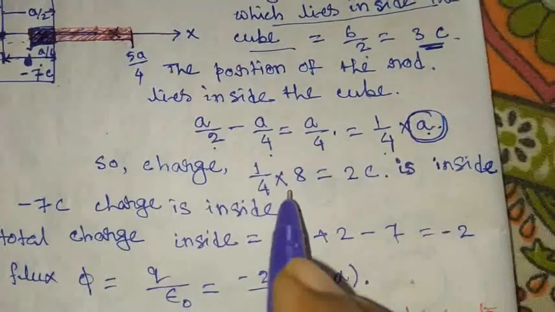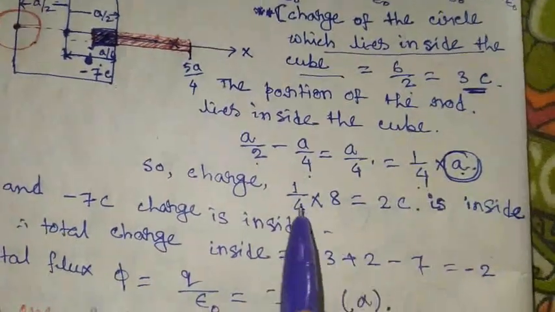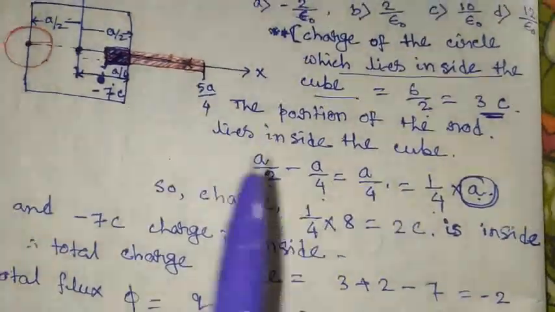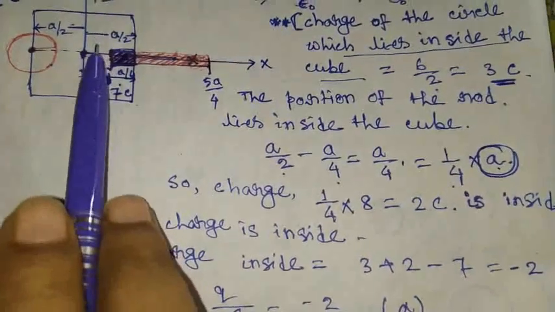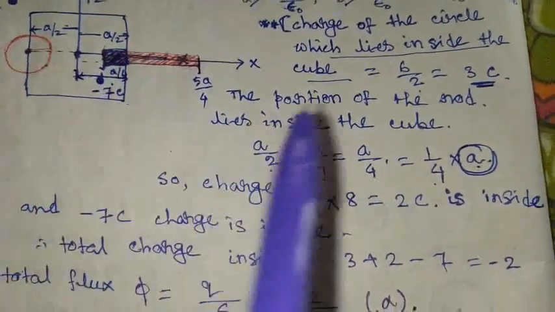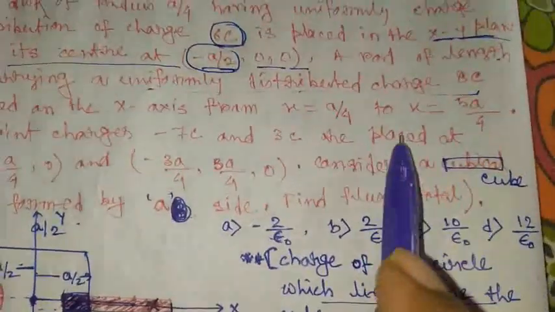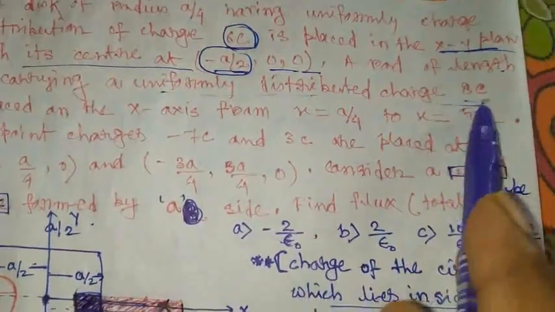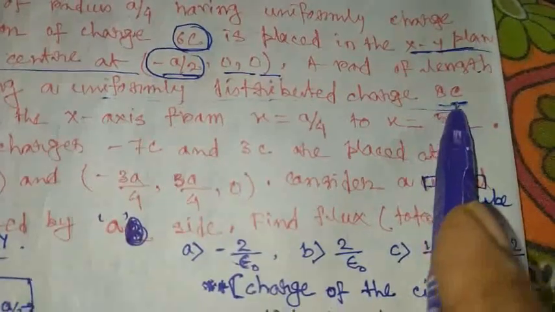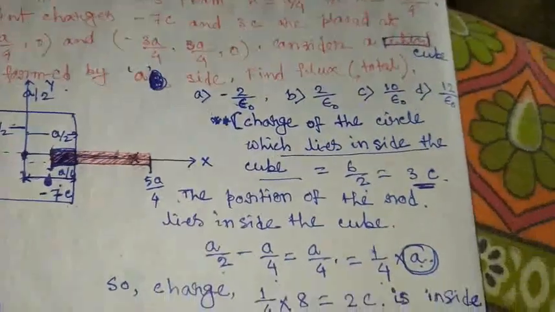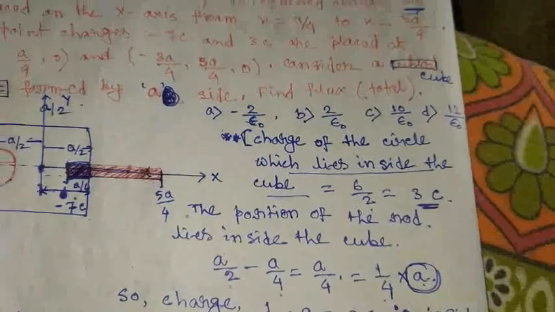So the charge inside this cube due to this rod is 1 by 4 into 8, because the total charge of this rod is 8 coulomb, as said in the question. So 2 coulomb is inside.